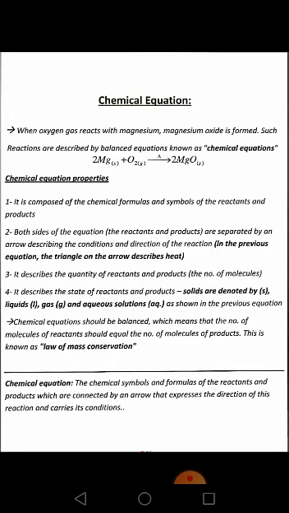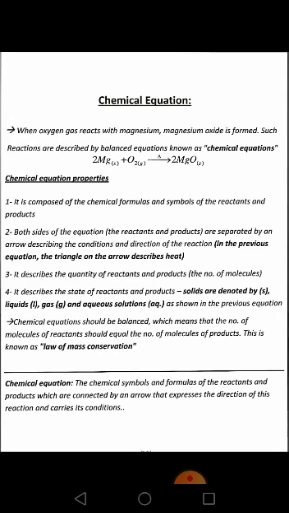As we watched in this video, there are four types of chemical reaction. The first type is called synthesis, the second decomposition, the third single replacement, and the fourth double replacement.